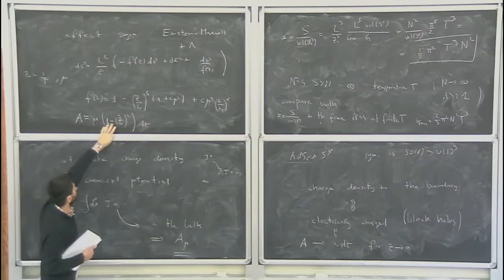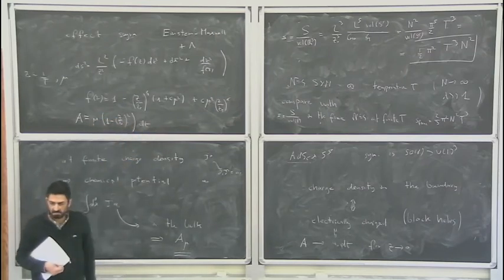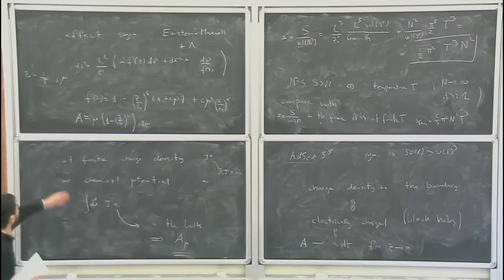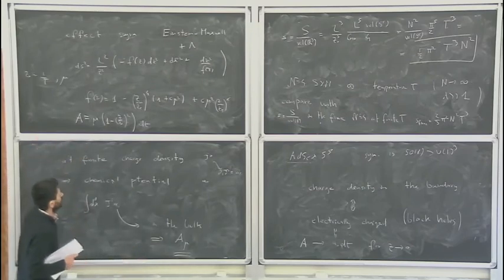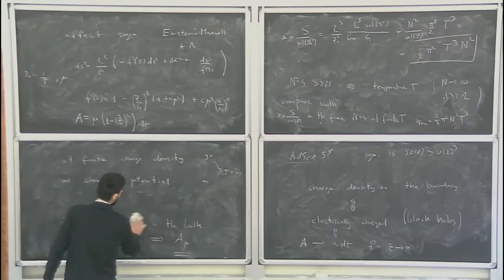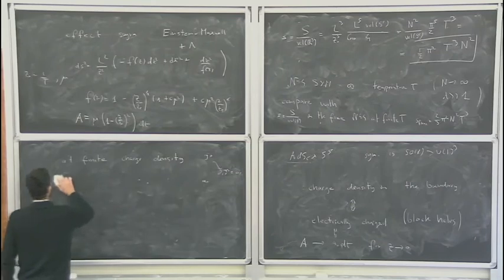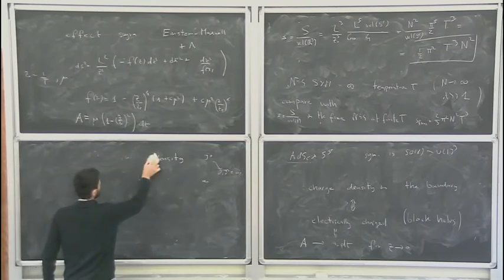Or I can just add whatever I want and get another parameter. Instead of mu, I will have another parameter, mu tilde. But there is no such freedom. Although it looks like there is this freedom, there isn't. And the reason is that you have to ensure that your solution is regular near the horizon.